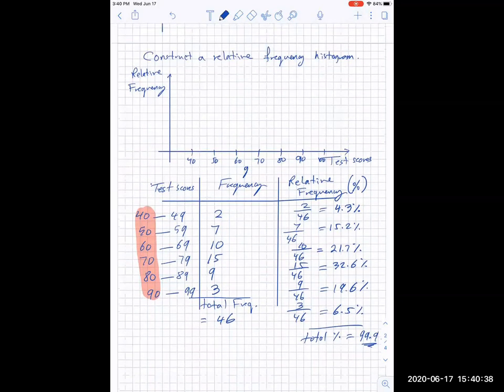I'm gonna go now and label my vertical axis. Put here the percent sign. And then I'm gonna go up by 10%.